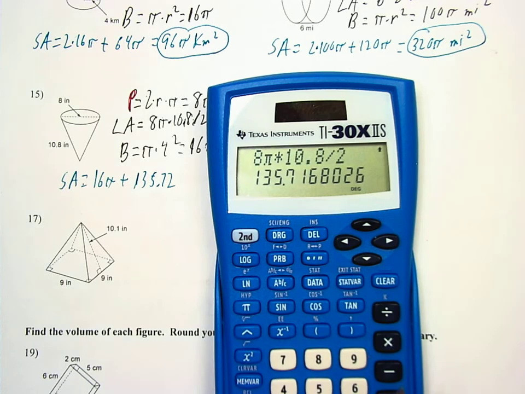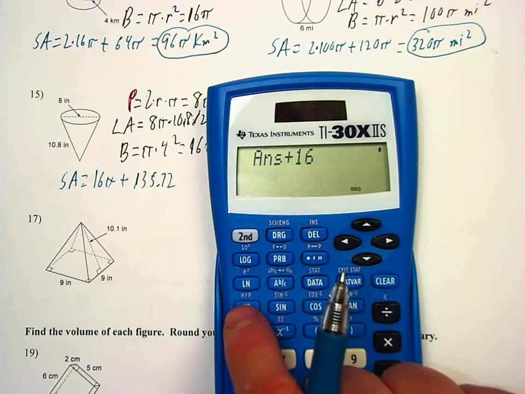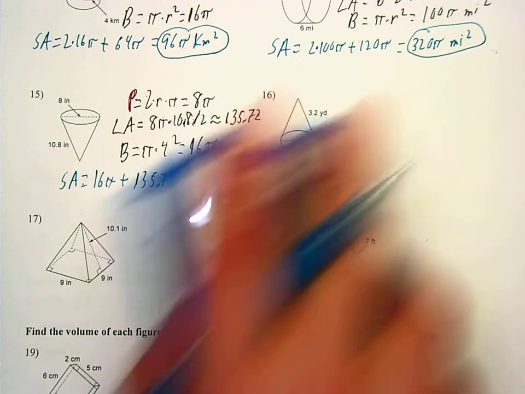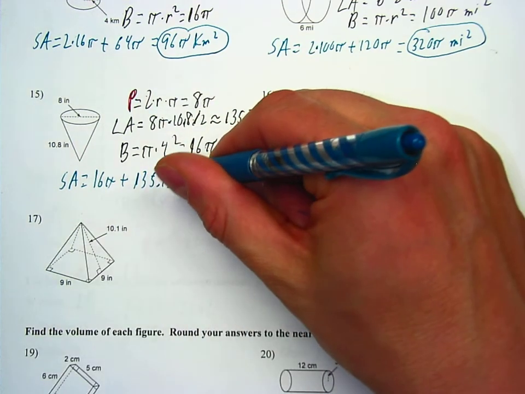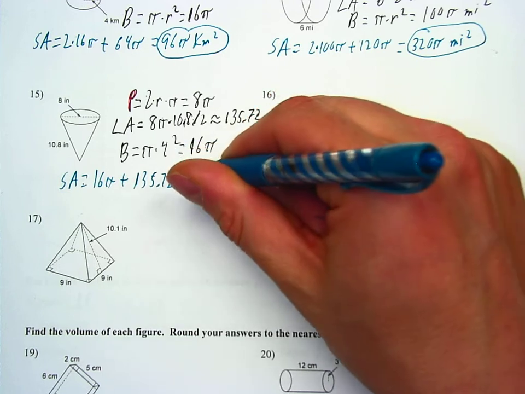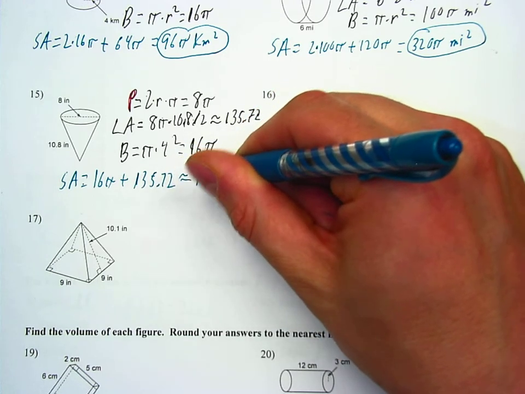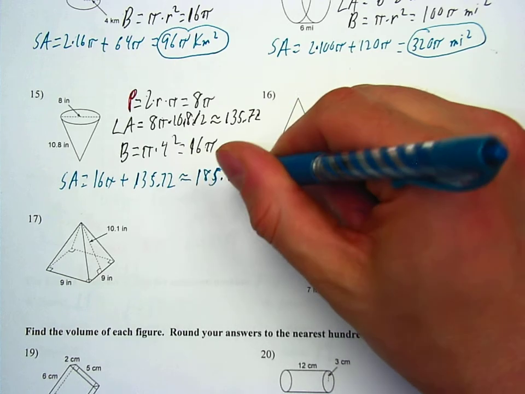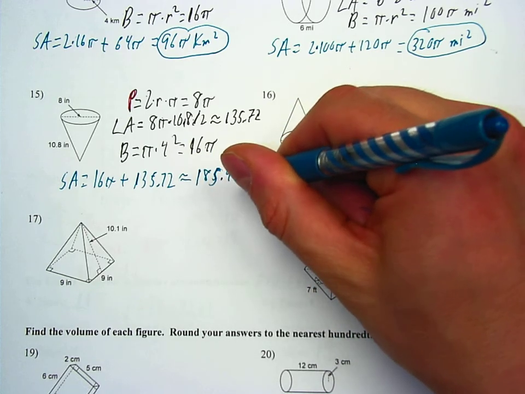All right, so I have this 135 and 72 hundredths plus 16 pi. Finished answer 185 and 98 hundredths. And that is in square inches.